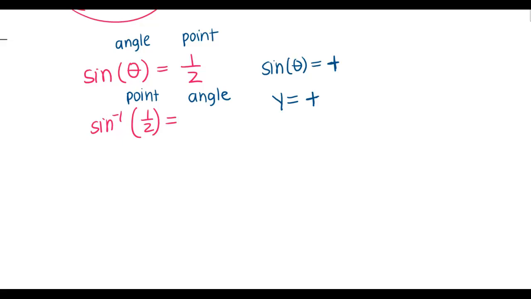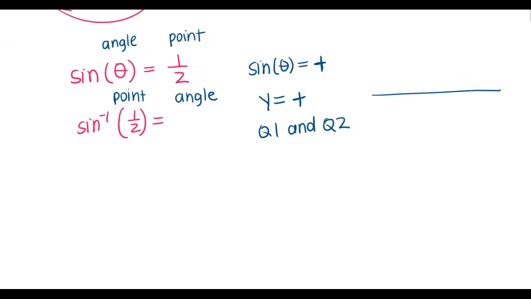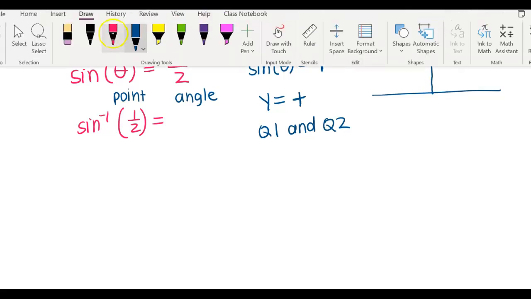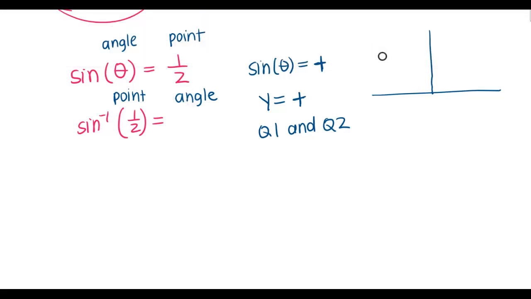Okay, y is positive in quadrant 1 and quadrant 2. So we're really just looking at everything above the x-axis. Okay, so where does our y coordinate equal positive 1/2? That's our question.